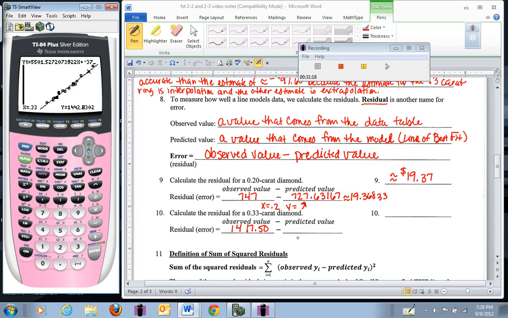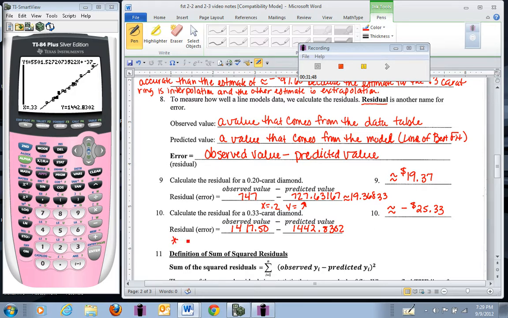Hit enter, and we come up with $1,442.8302, right? So this is off by about negative $25.33, isn't it?